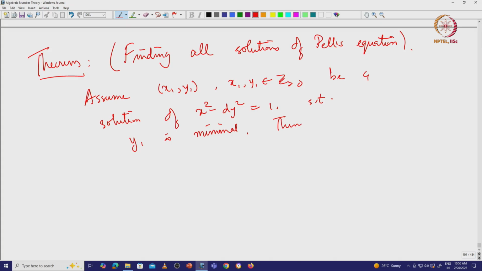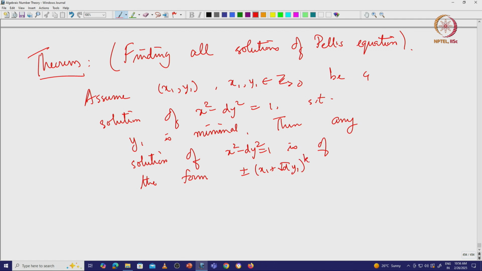Then any solution of x squared minus d y squared equals 1 is of the form plus or minus (x1 plus square root of d y1) to the power k, where k is, you are even allowed to take negative powers. And so, if you are just looking for solutions in positive integers, you just look at positive powers and plus as the sign.